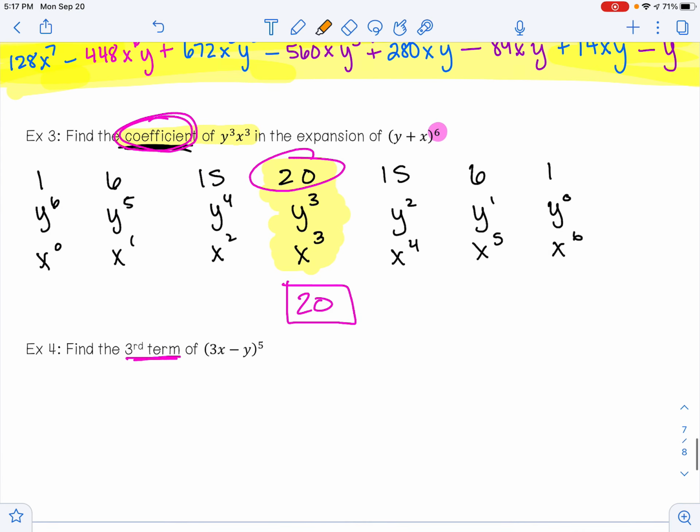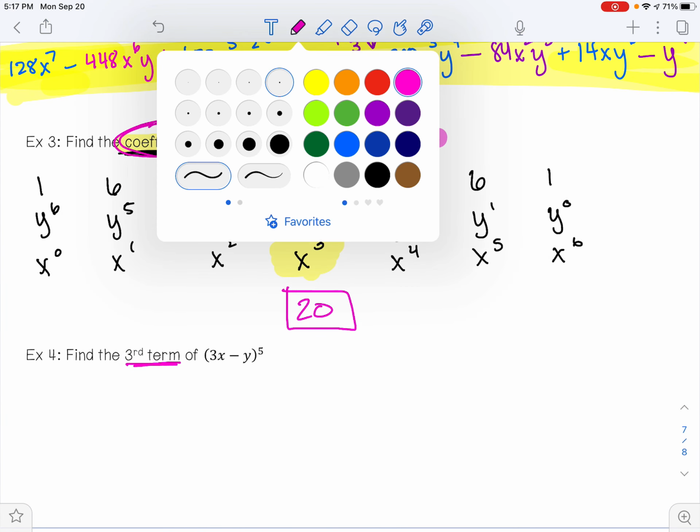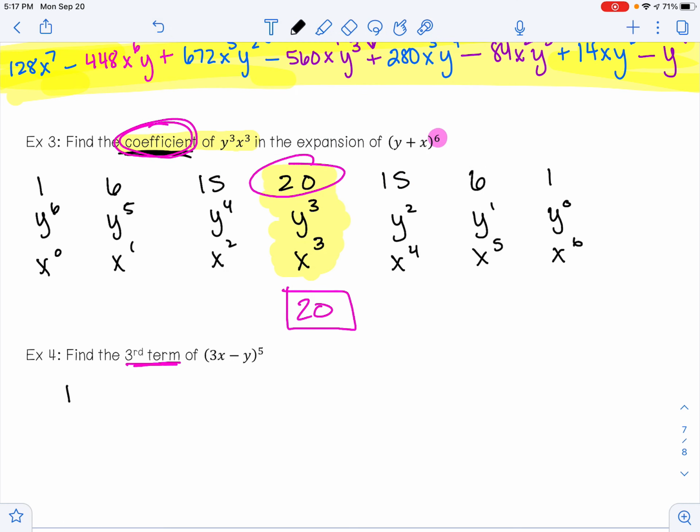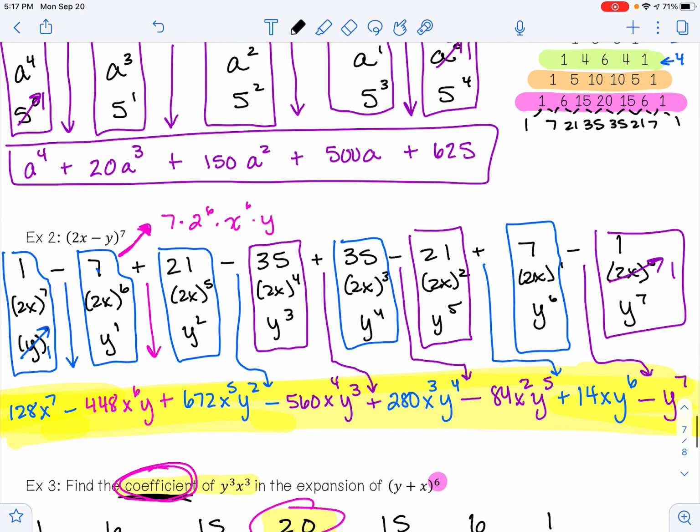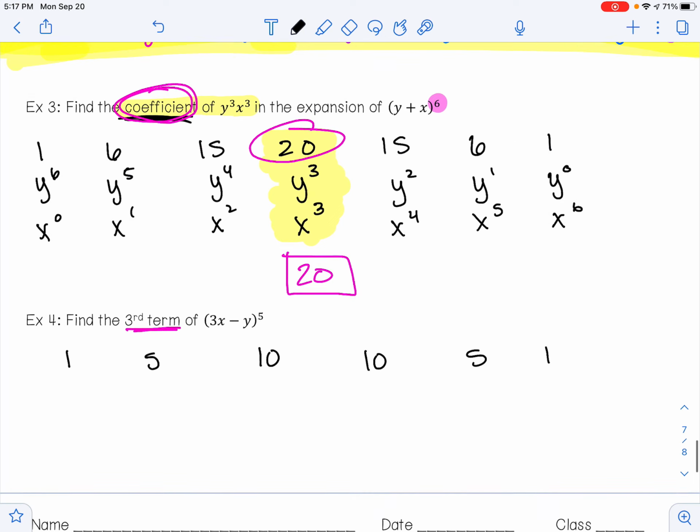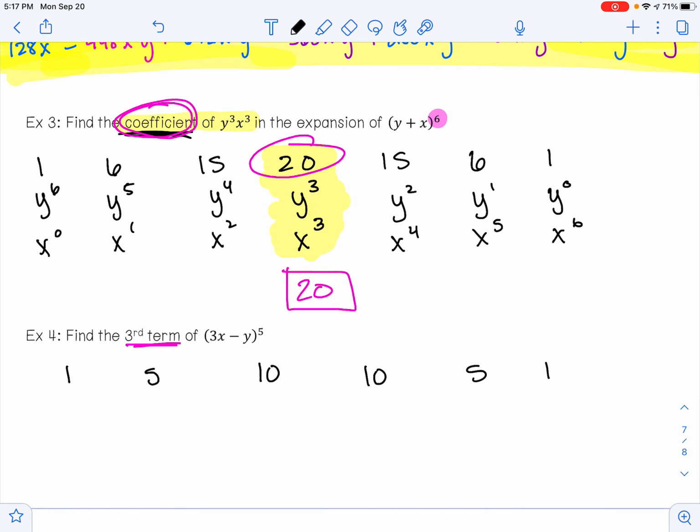So the coefficients in that row are 1, 5, 10, 10, 5, and 1. Let me just double check. That's right. All right, so I want to know the third term, right? Let's see, positive, negative, positive, negative, positive, negative. So the third term is going to be right here.